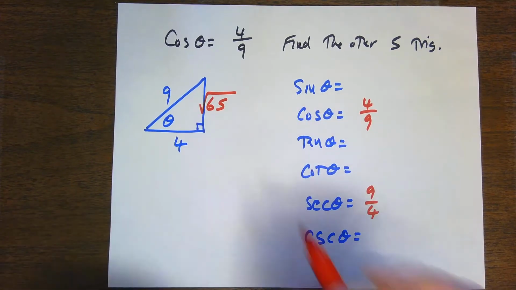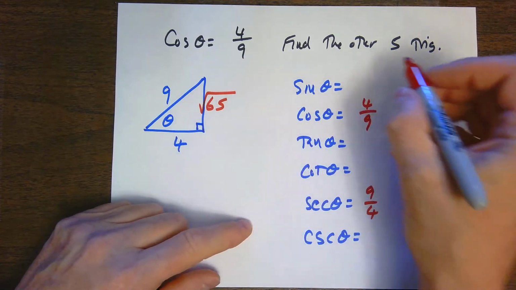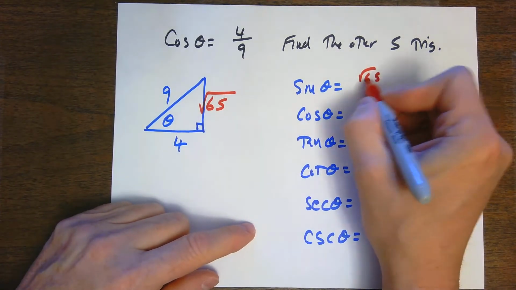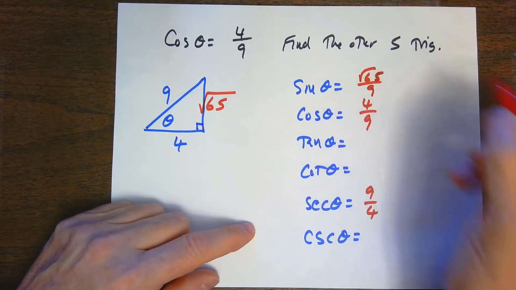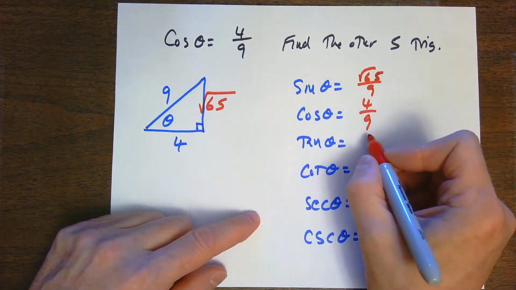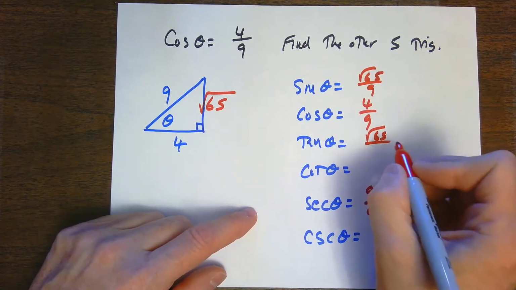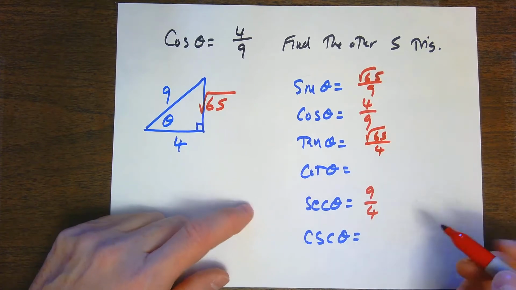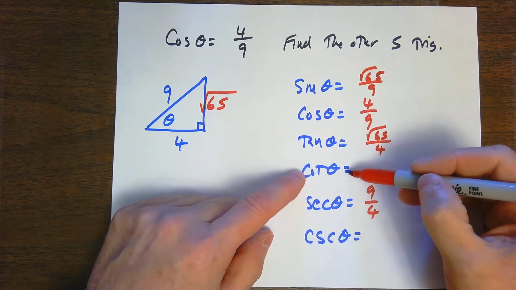The sine is opposite over hypotenuse, root 65 over 9. The tangent is opposite over adjacent, root 65 over 4. And of course, if I know the tangent, I know the cotangent.